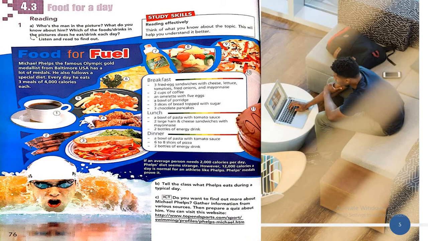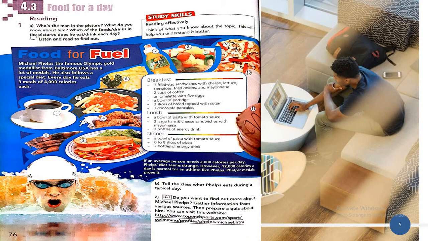So let's start with breakfast. 3 fried egg sandwiches with cheese, lettuce, tomatoes, fried onions and mayonnaise, 2 cups of coffee, an omelette with 5 eggs, a bowl of porridge, 3 slices of bread topped with sugar, 3 chocolate pancakes. So this is for breakfast.